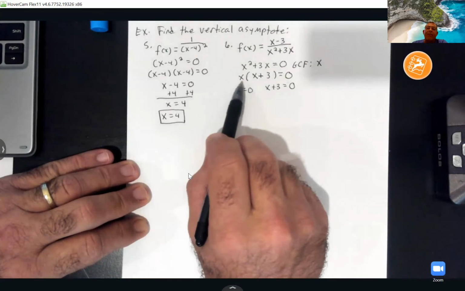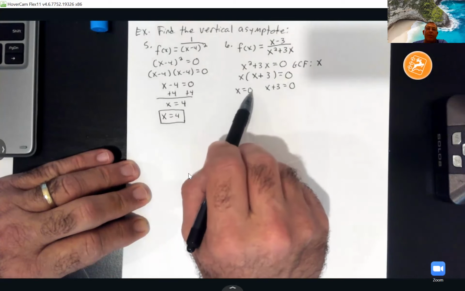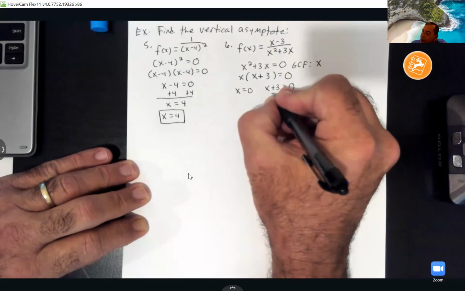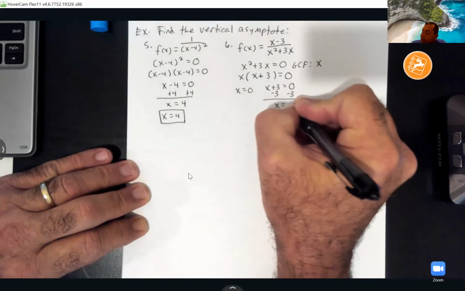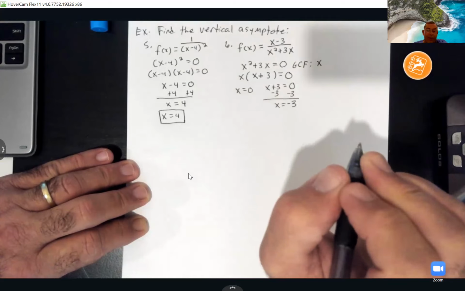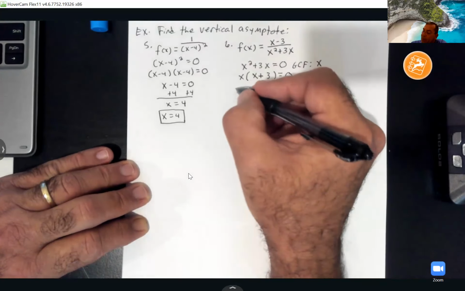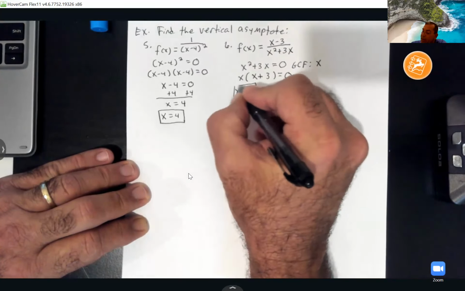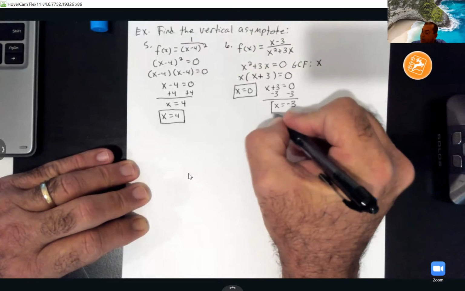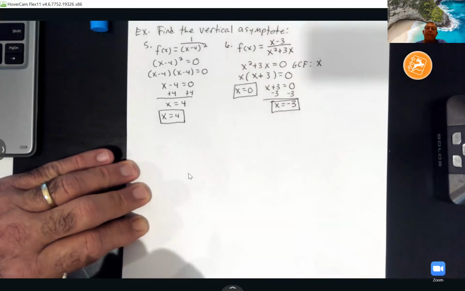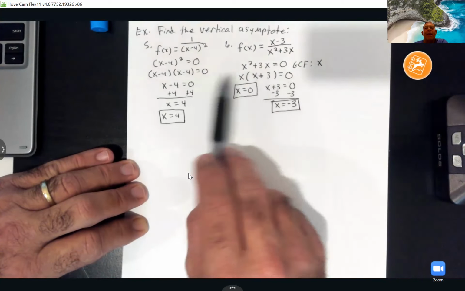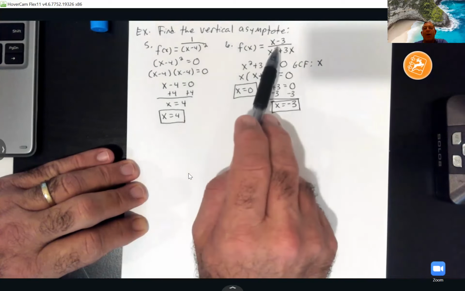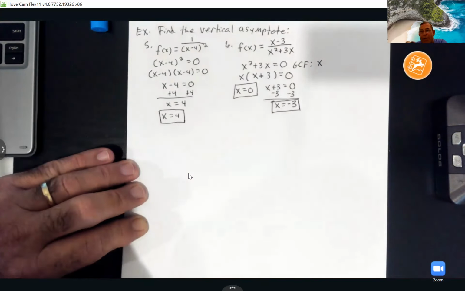Notice, anytime you factor out an x, it's always going to equal 0, okay? So to get my other one, we would subtract 3, and I get x equals a negative 3. So MATLAB wants both of these. Okay? So really the trick on doing the asymptotes is being able to solve those denominators when you set them equal to 0.